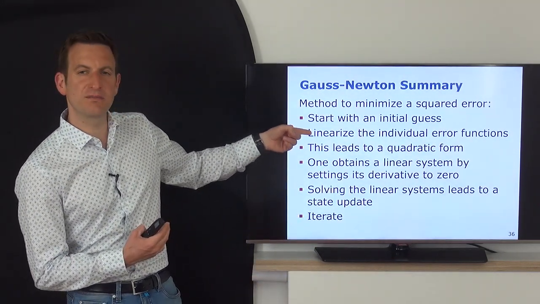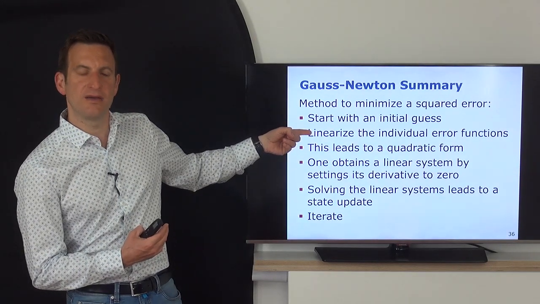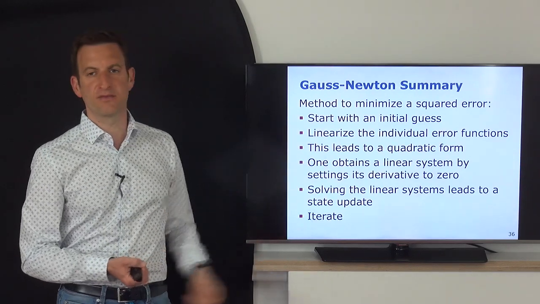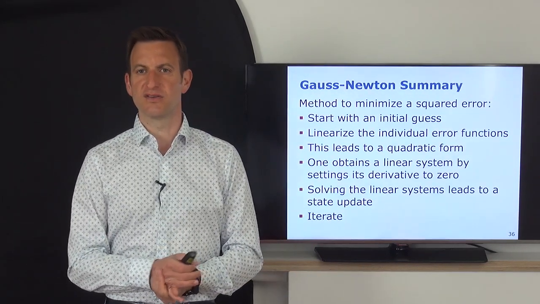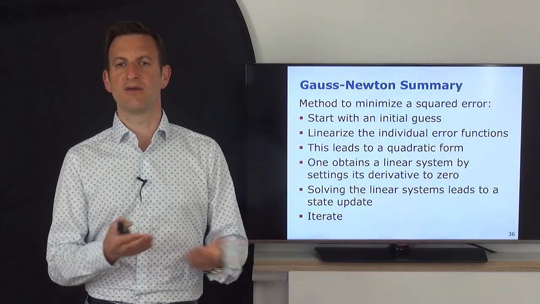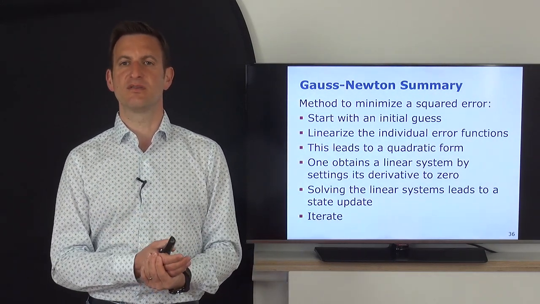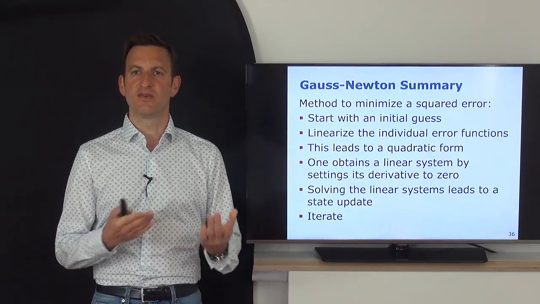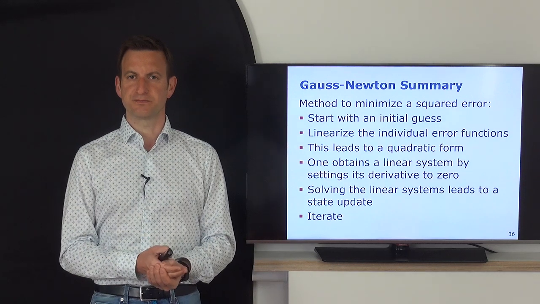I go back to this point over here, where the solution that I computed is my new initial guess, and I repeat this process until convergence. This leads me to a new configuration of my state, or the parameters that I wanted to estimate, which, if converged, minimizes the squared error terms.